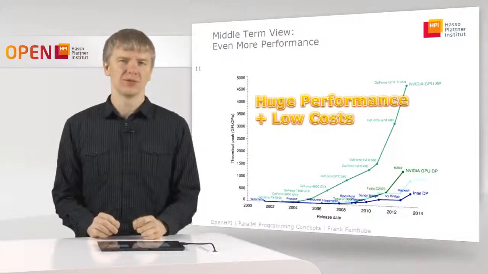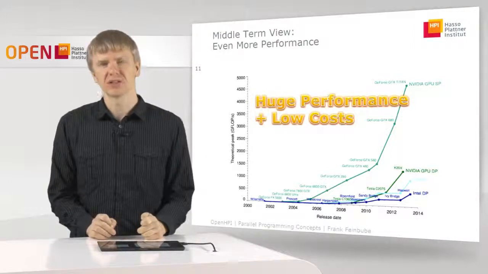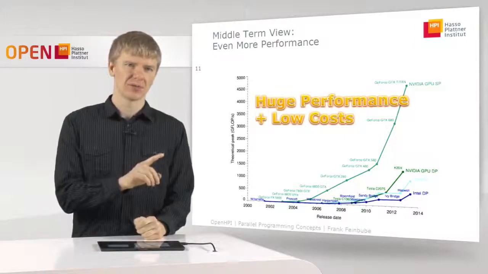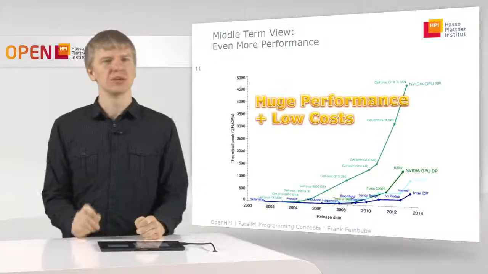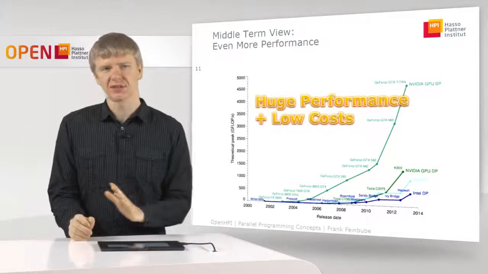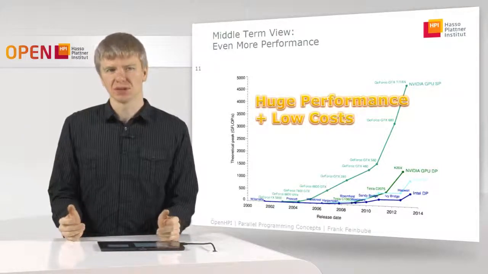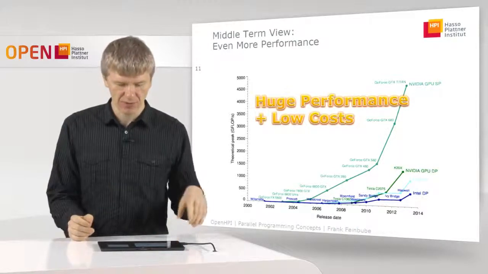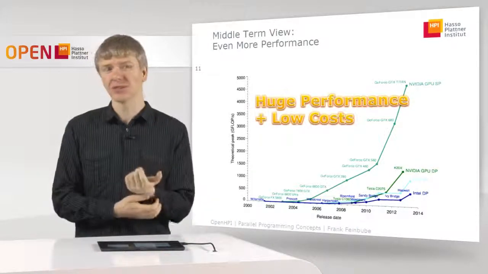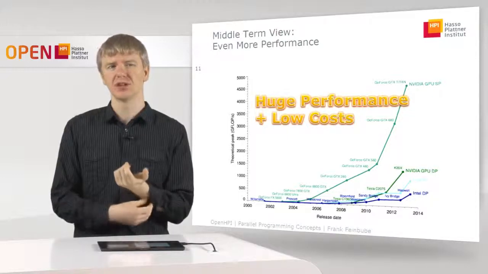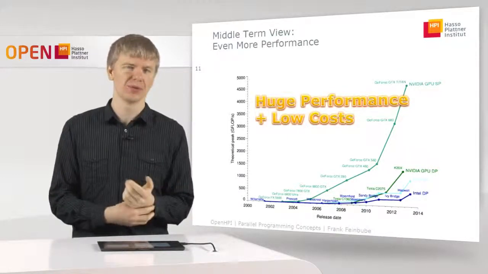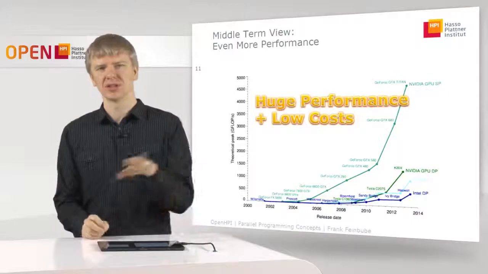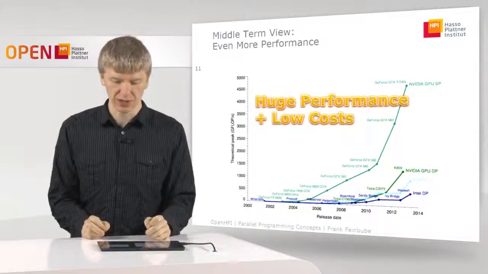In the middle-term view, you even have more performance because the performance output of GPUs is increasing dramatically as compared to CPUs, for example. This picture shows the hockey stick performance development for GeForce GPUs. Both are GPUs from NVIDIA again. And on the bottom you see all the developments for the CPUs currently.